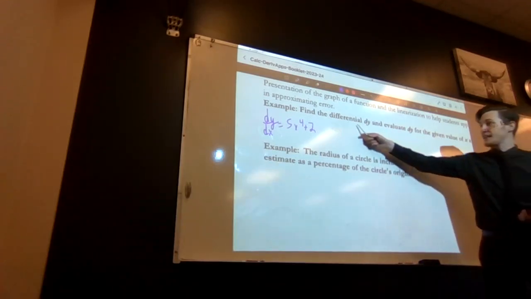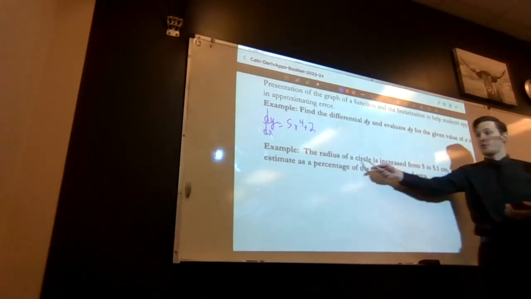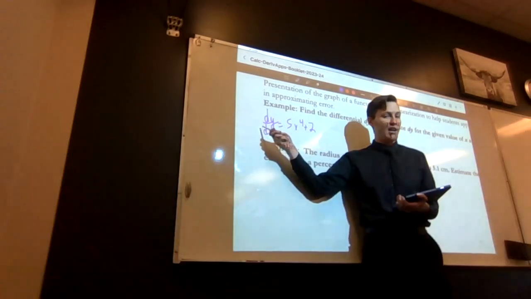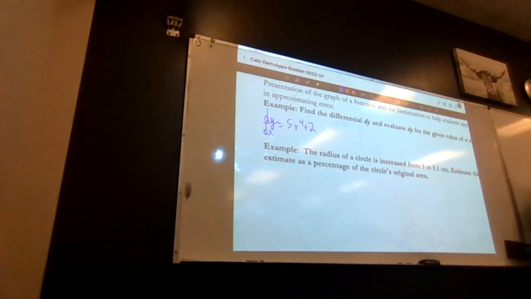We want to find the differential dy and evaluate dy for the given value of x. So therefore, what do I need to get rid of over here? What do I not want anymore? I don't want that dx. So multiply by dx on both sides. We're going to get dy is equal to, parentheses, 5x to the 4th plus 2 dx.